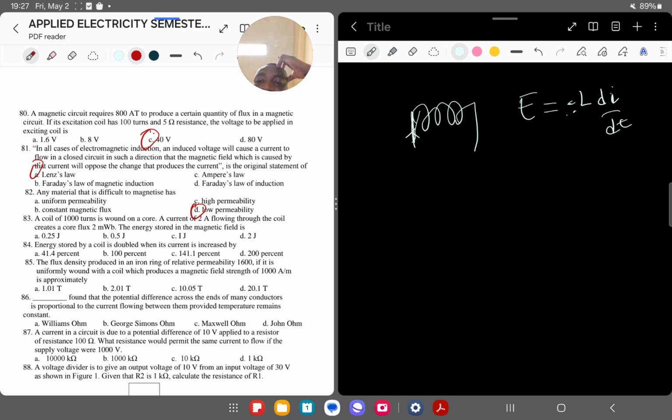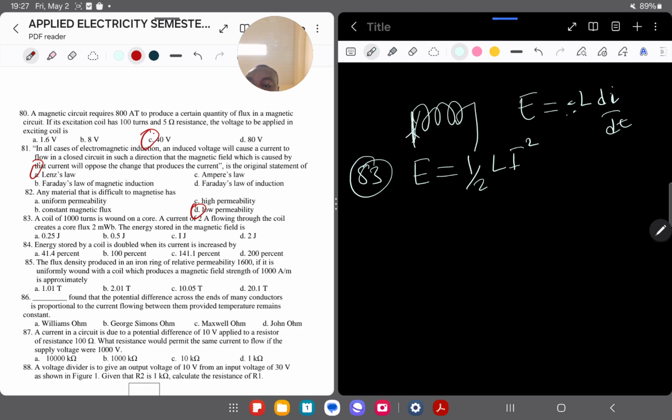To solve this, you can just start by writing the formula for energy stored in an inductor, because we are talking about a coil. A coil is just the same as an inductor. So question 83. The energy stored in an inductor is going to be equal to half the inductance times what? The current squared, right?